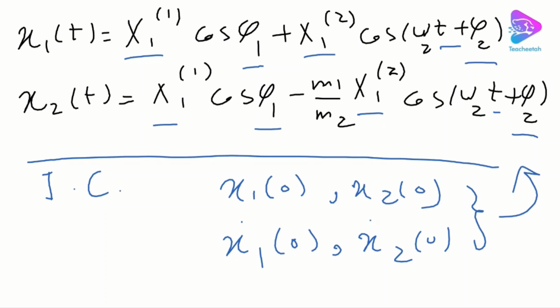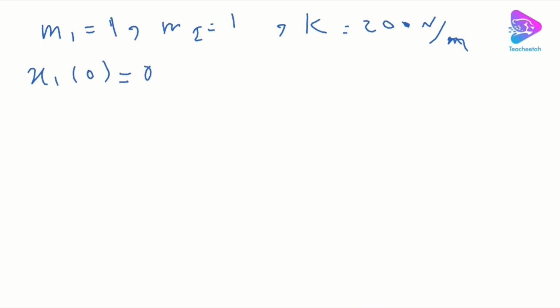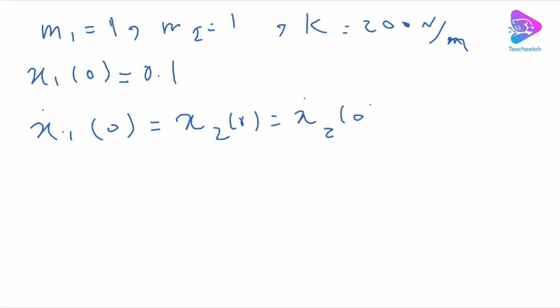We can try some numerical values, for example m1 equal to 1, m2 equal to 2, and k equal to 200 Newton per meter, and the initial conditions are x1(0) equal to 0.1, and x1 dot at 0, x2 at 0, and x2 dot at 0 are all equal to 0.